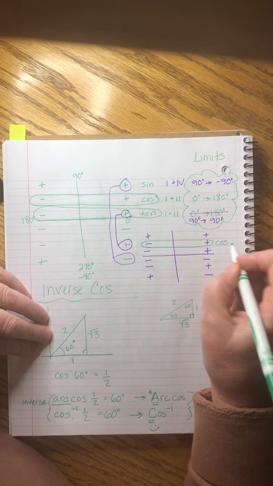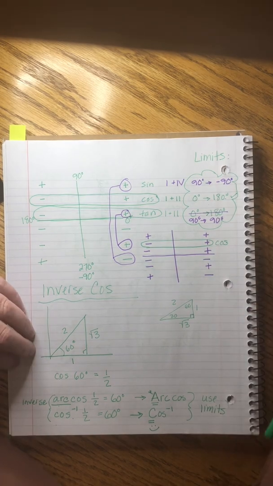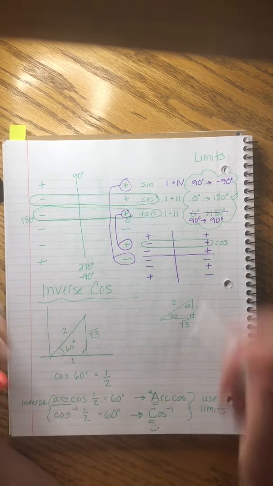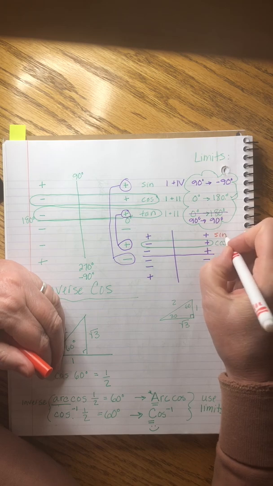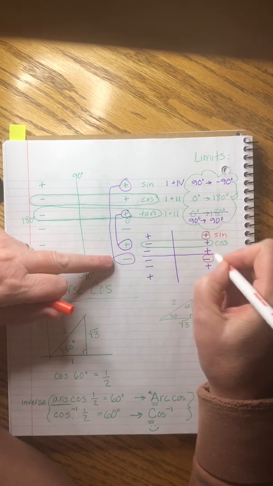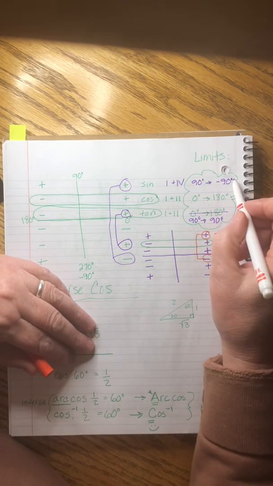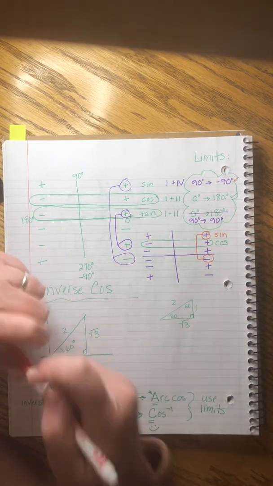Cosine, we want the limits to be from 0 to 180. Sine, I had the right quadrants, but I circled the wrong number. It should be this and this, because this is sine, right? That's the right range.